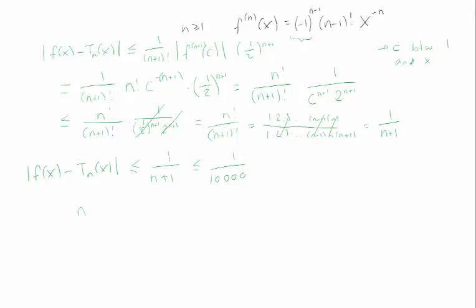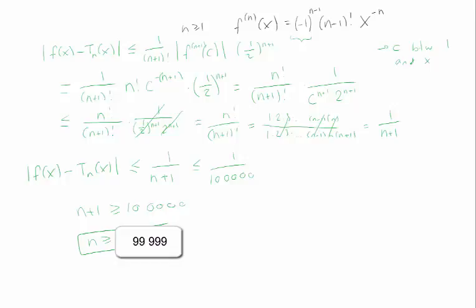So this is the same as saying n plus 1 is greater than or equal to, this was 100,000, I think, 100,000, which means n would have to be greater than or equal to 100,001. So this is definitely something that a computer could figure out.